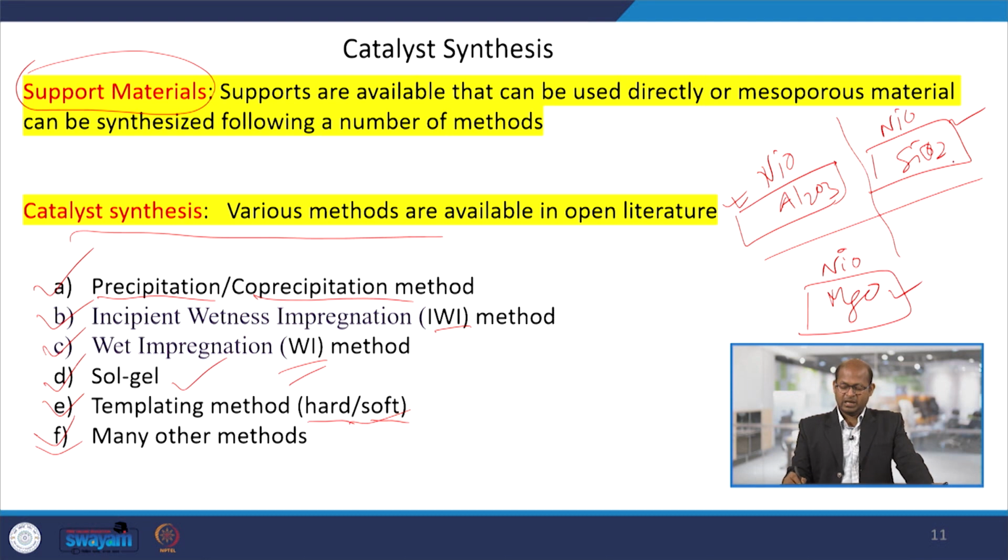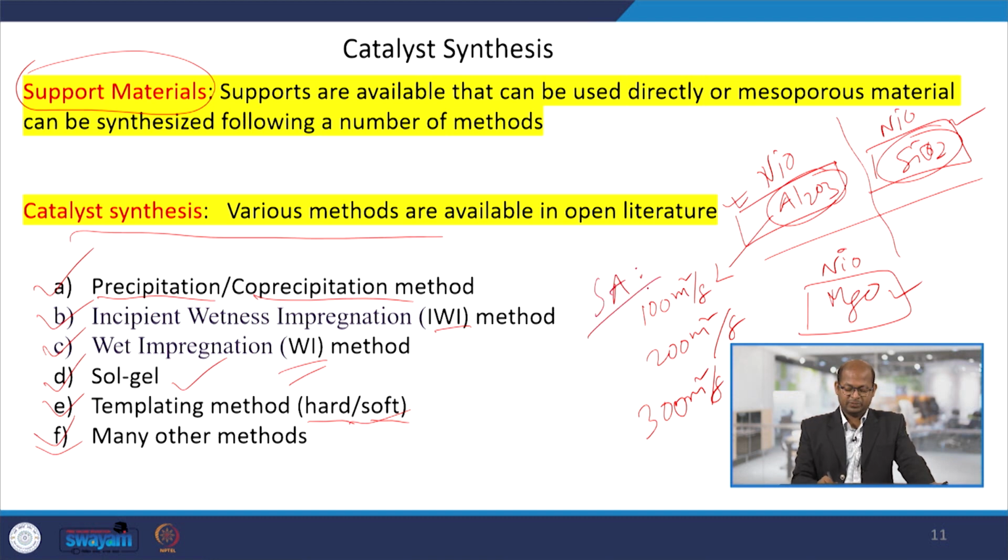Okay. Then, as I said, in that support there are so many pores, and the supports have, let us say, 100 meter square per gram, or 200 or 300 meter square per gram. That is the surface area, or BET surface area.